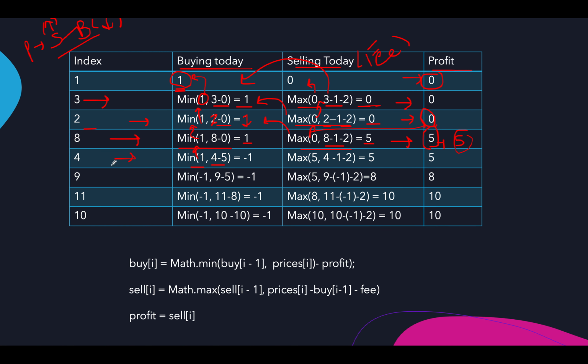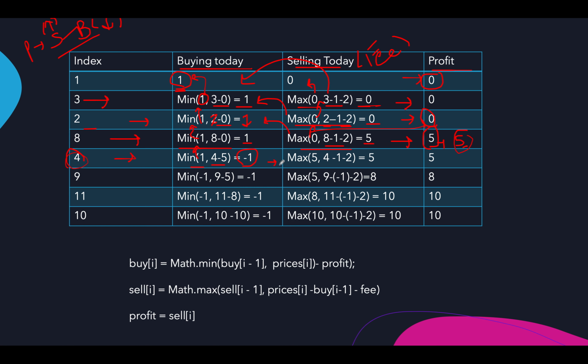So if you want to buy at 4, you can subtract 4 minus 5, that gives you minus 1, and you'll still be in profit of $1 even if you buy today, given that you made a profit in the previous transactions of $5, and hence this value becomes minus 1.